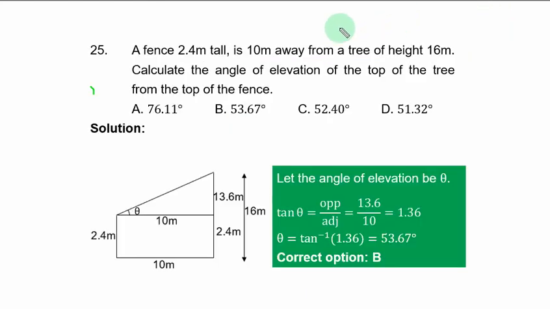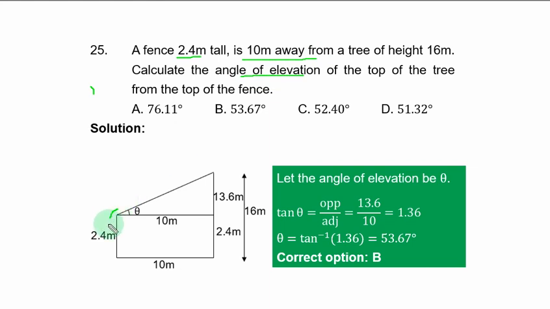Question 25. A fence 2.4 meters tall is 10 meters away from a tree of height 16 meters. Calculate the angle of elevation of the top of the tree from the top of the fence.